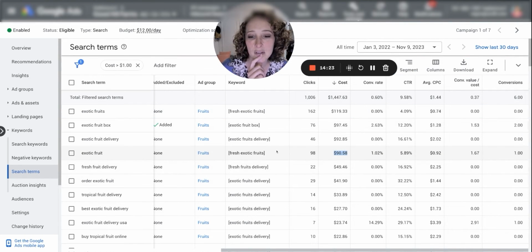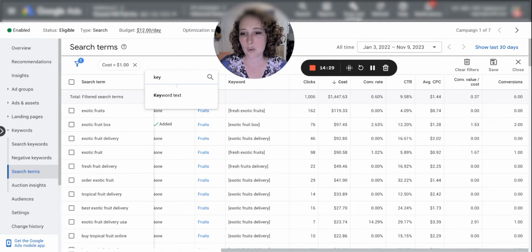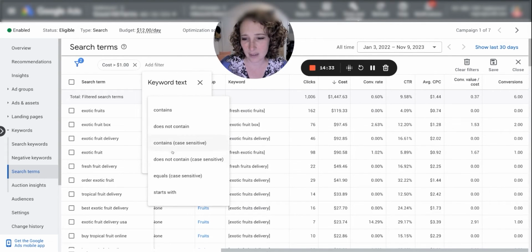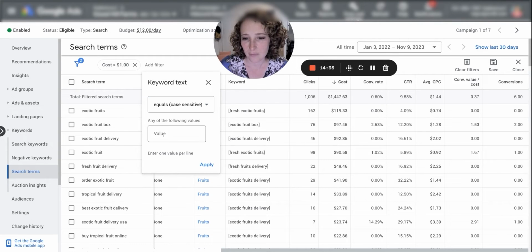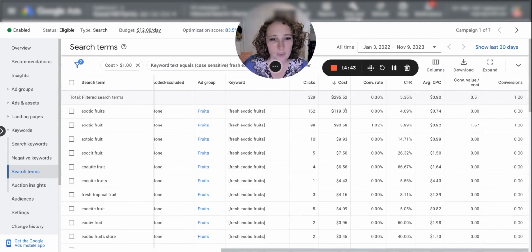I think that what we need to do is dig into this keyword, fresh exotic fruit. So I'm going to add a filter and say keyword text contains, or I guess let's do equals fresh exotic fruits. We'll just look at this data.